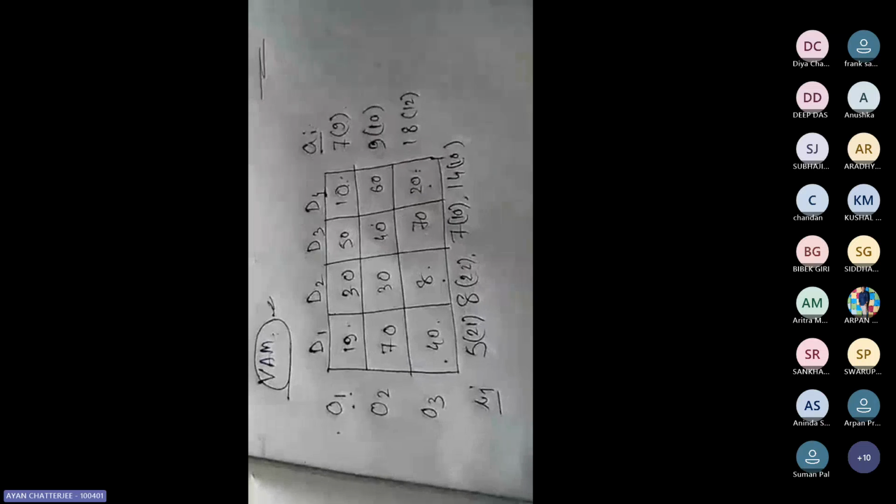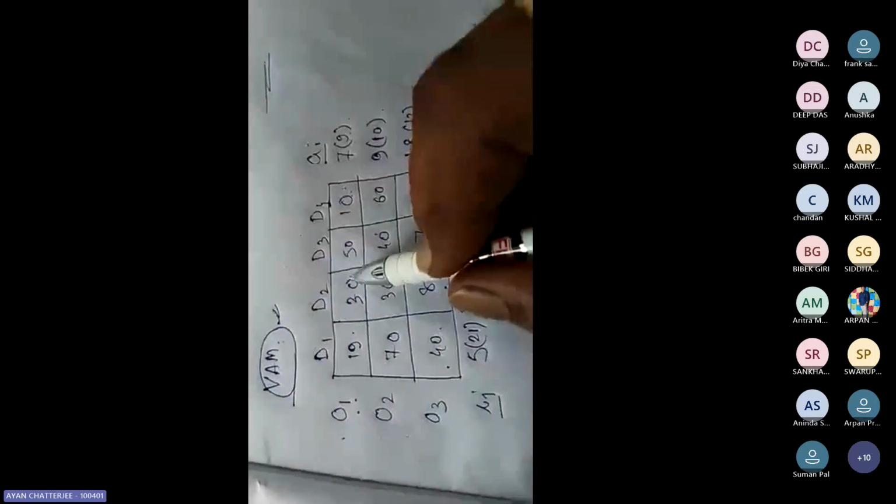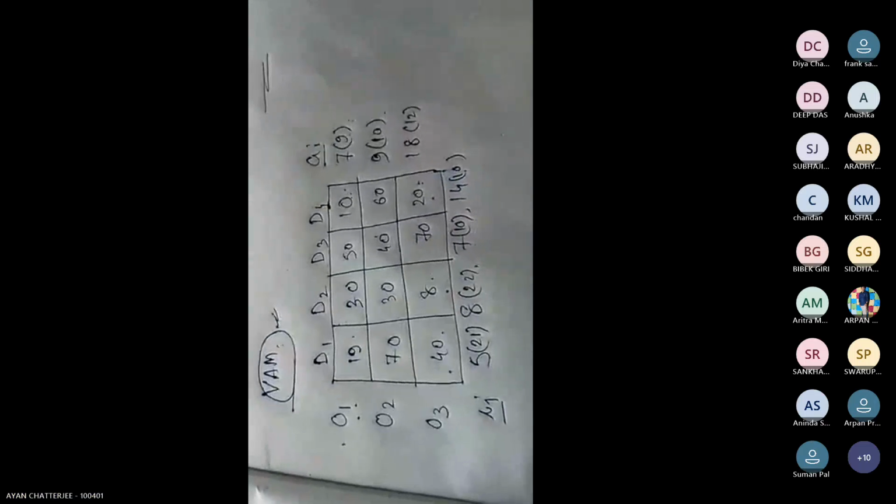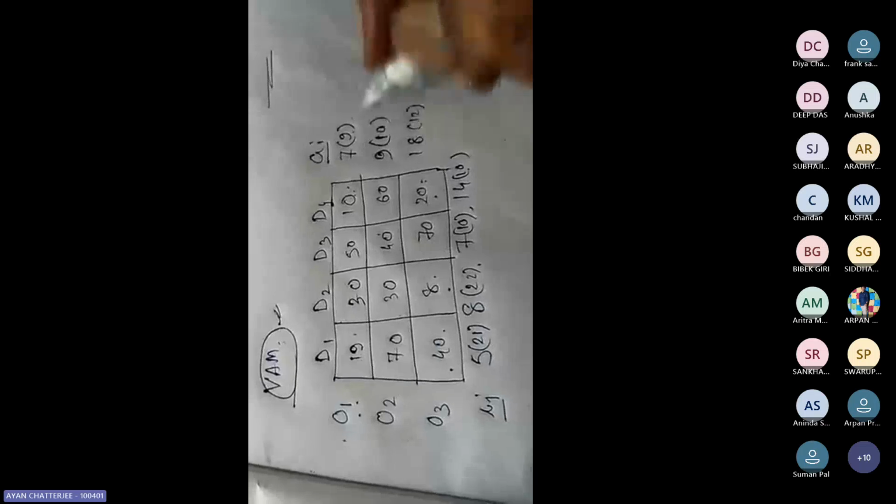What I have done, I just found the minimum value from each row and the value next to that minimum value, and found the difference between them, right? And after doing that, we write down all the differences like this.